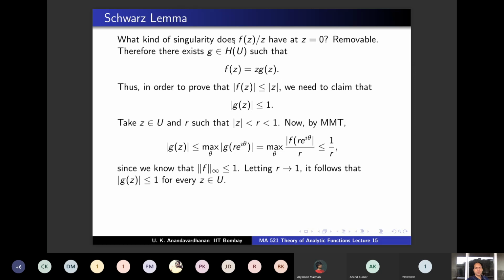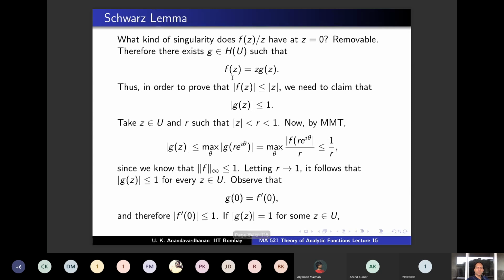So if z is not 0, you would have shown mod f(z) by z is less than or equal to 1. Therefore, mod f(z) is less than or equal to mod z. If z equals 0, g(0) is nothing but f'(0). So you have shown that mod f'(0) is less than or equal to 1. So this also follows.